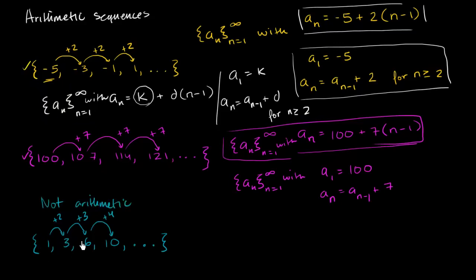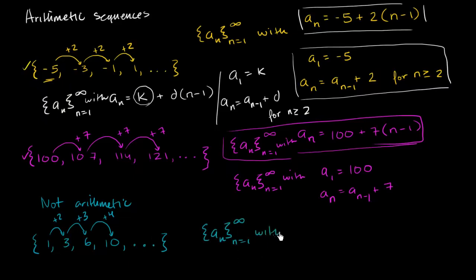But how could we define this, since we're trying to define our sequences? So if we wanted to define it recursively, we could say this is equal to a sub n, where n is starting at 1 and going to infinity.